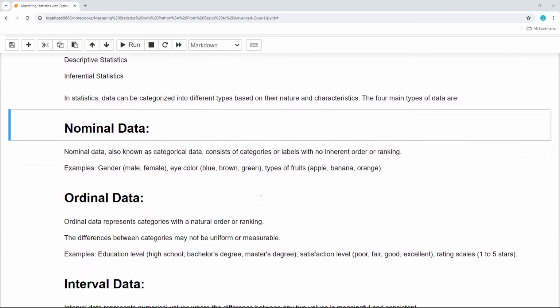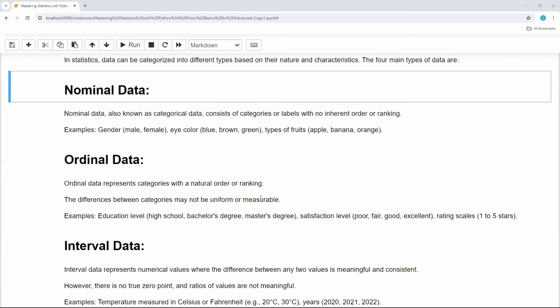We have four main types of data. The first is nominal data. Nominal data, also known as categorical data, consists of categories or labels with no inherent order or ranking. Examples are male, female, and eye color, like blue eyes, green eyes, brown eyes. If I'm working on data related to people and describing their eye colors, then I have this kind of data.